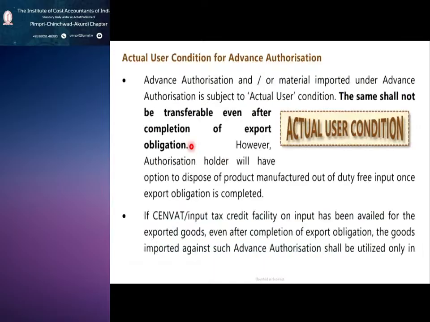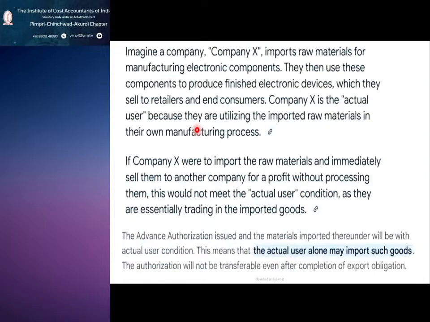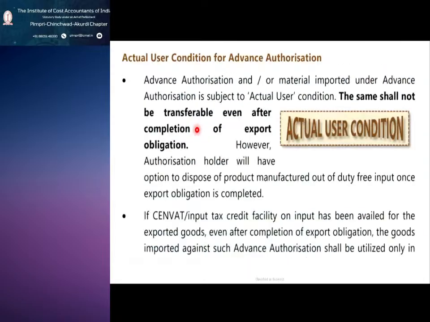So these are the main points. In the actual user condition, if they ask, you can directly give some example, or you can mention these points: that it cannot be transferable.